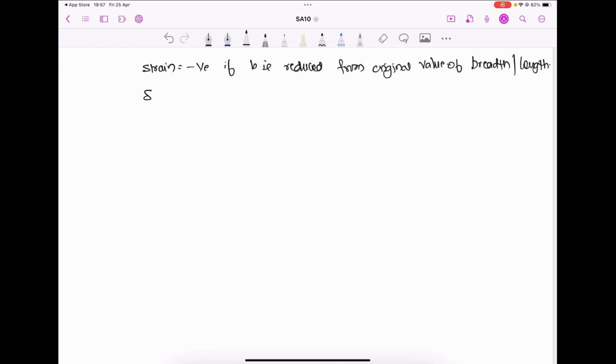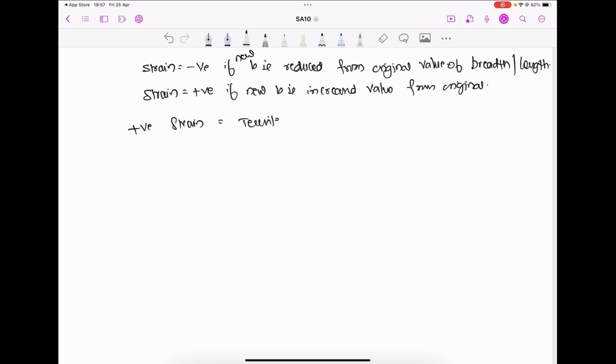Strain is positive if new B is increased from the original value. That means positive strain is called tensile strain, and negative strain is called compressive strain.